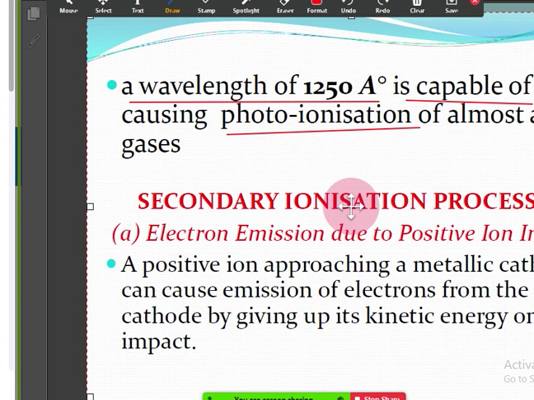As I said previously, wavelength and ionization potential are inversely proportional, and the ionization potential depends on the type of atom, that is, the type of gas. It is a property of the gas that you cannot change. So it is not in your hands. The only thing in your hands is the amount of radiation that is supplied.